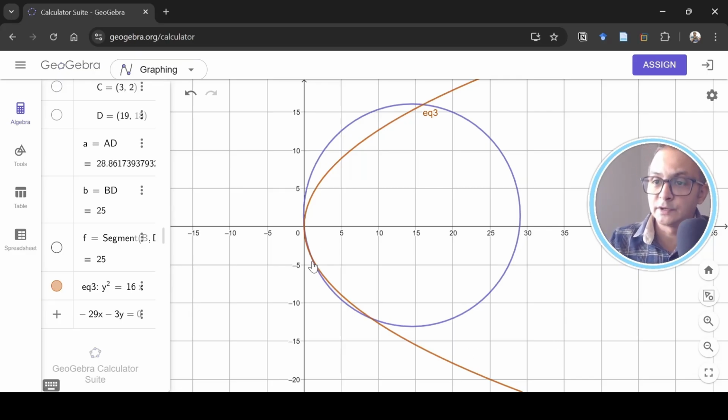See that, again a similar situation here, and again whatever the intersection is, that will be, because 4 comma 0 is the focus, so it passes through. This way we can visualize this whole thing.